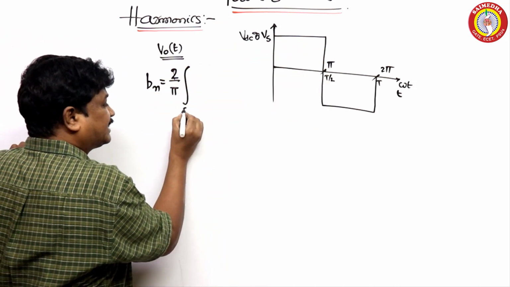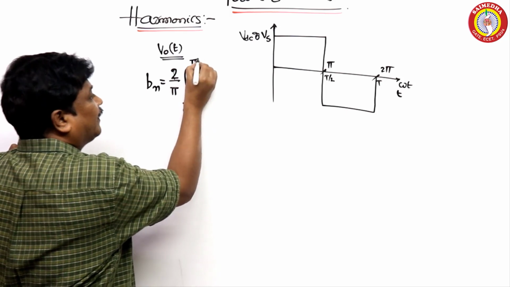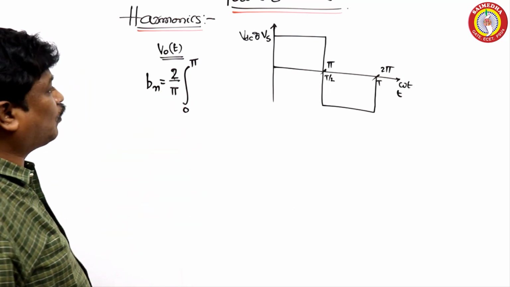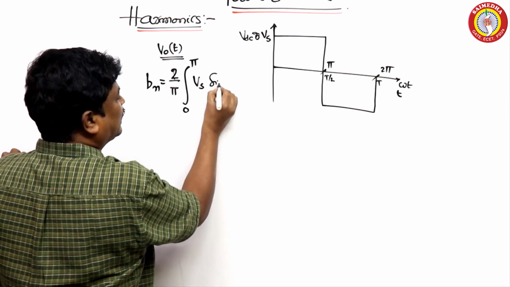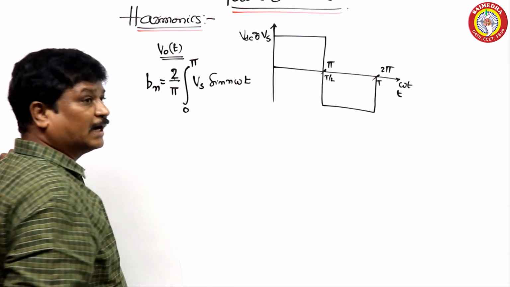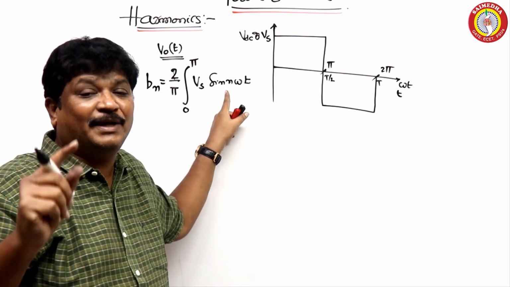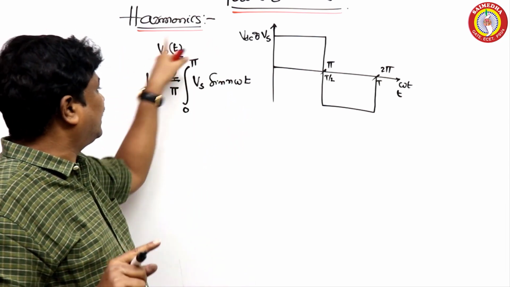So, what is the integration? 0 to pi only. What is your voltage? Vs sin n omega t. We are not writing cos n omega t because it is not an even function. It consists of only odd terms.